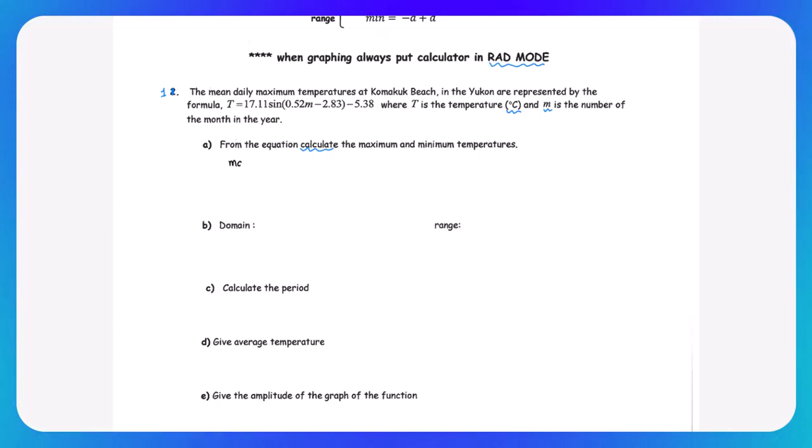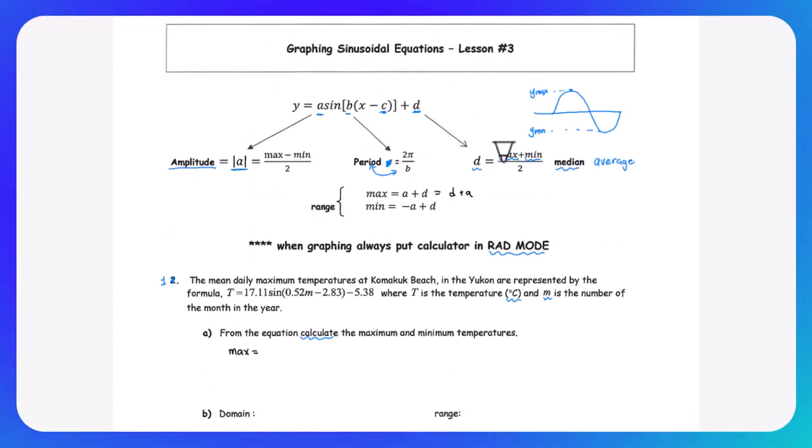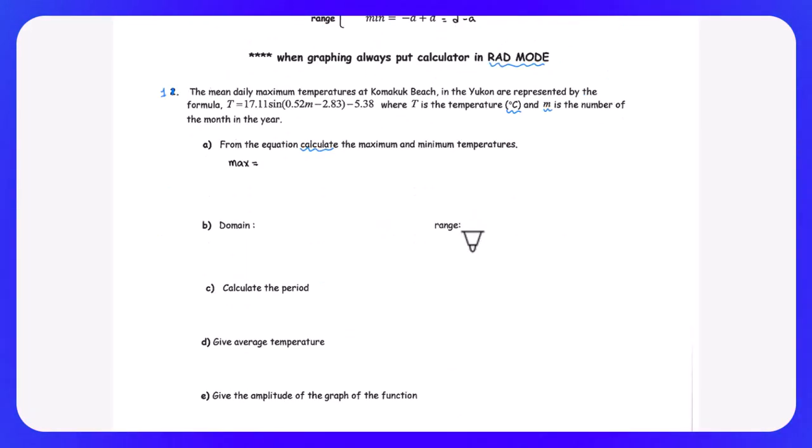The maximum value comes from A plus D. I like to think of it as D plus A, because if this is my D, I'm going to add A to it, or if this is my D, I'm going to subtract A to get to the min. Whichever way makes sense to you.